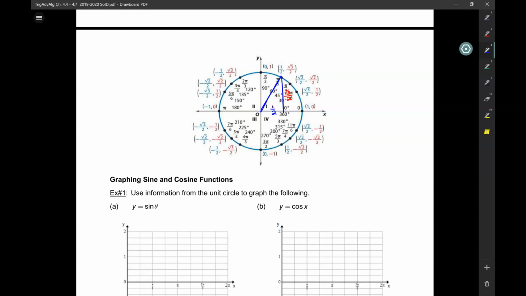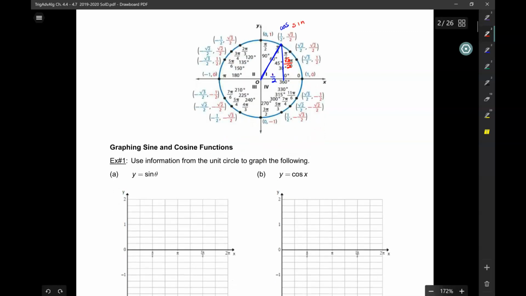So when I look at these coordinate points on the unit circle, the x value is always cosine, the y value is always sine. And we knew that because when the angle is 0 degrees and I have a coordinate point of (1, 0), x is cosine, y is sine.